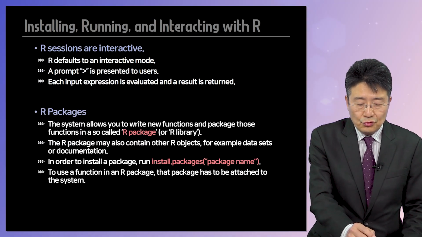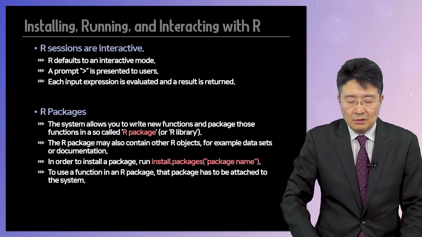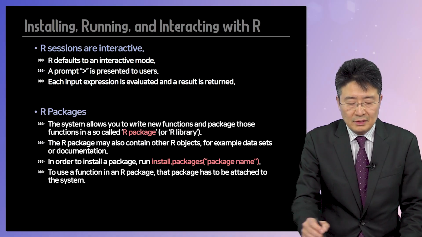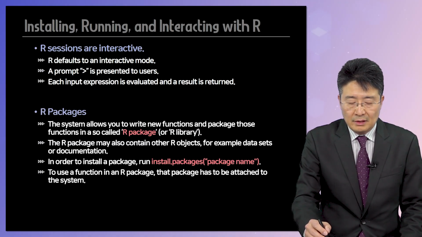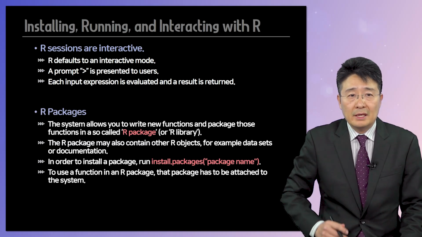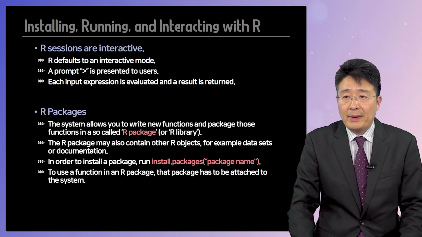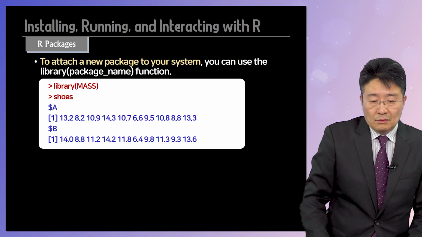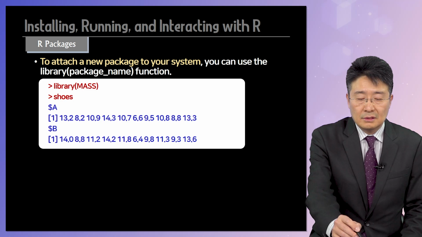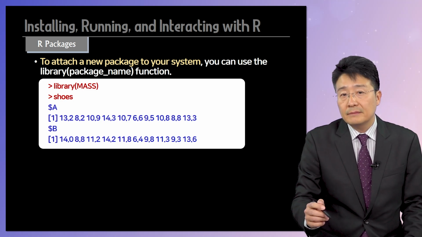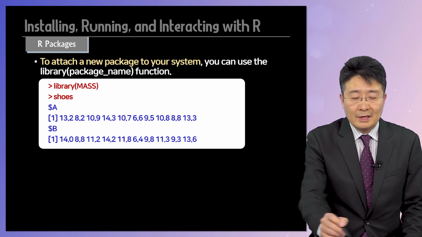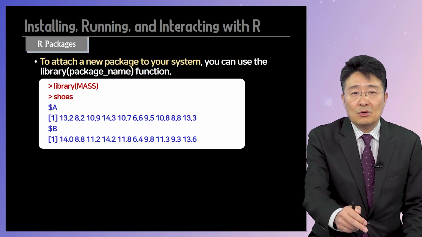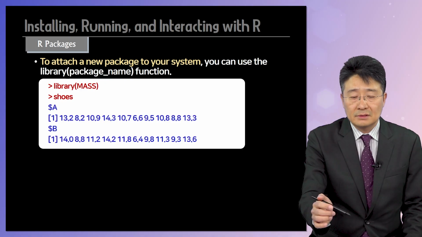To use a function in an R package, that package has to be attached to the system. Let me explain how to attach the R package to your console. In order to attach a new package to your system, you can use library(package name) without the double quotation. That's the difference.